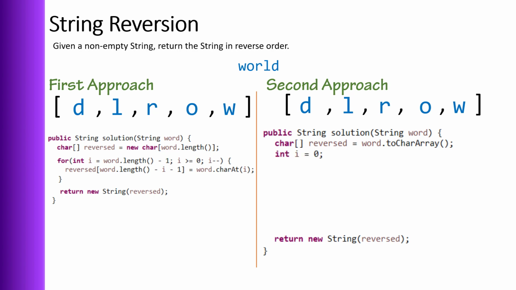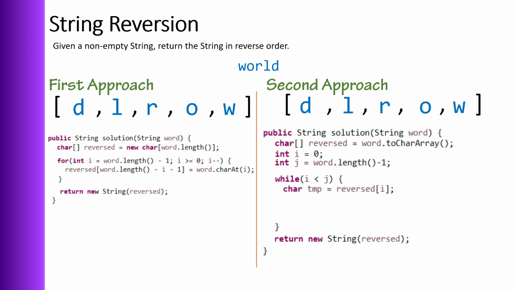So we would have a left cursor, which would start at i equal to 0, and then j, which would start at the last index of the array. So that is word.length minus 1. And we will loop while i is less than j. We will continue on looping on this array.